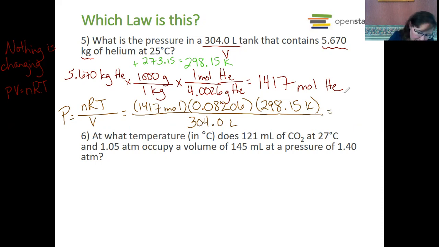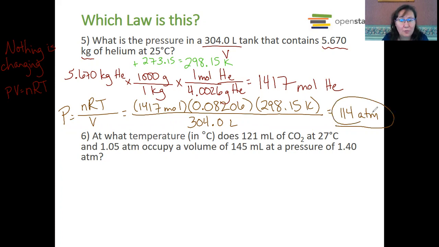Okay, now I type this into my calculator. And I get a pressure of 114 atmospheres. And that seems very, very high, but gases are often stored under great amounts of pressure just because it makes it easier to ship them.